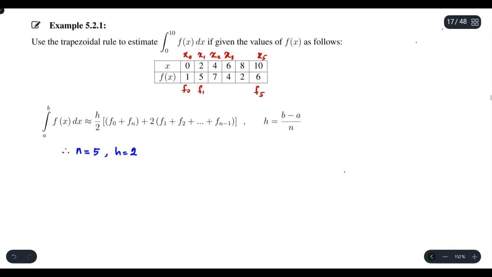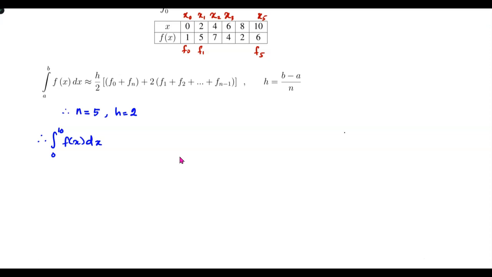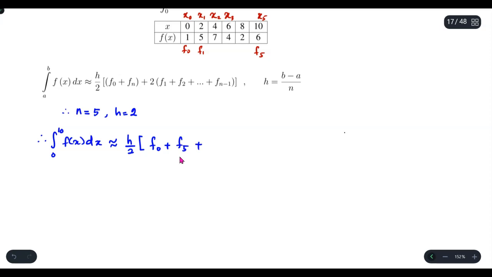If we plug into the formula, the integral of f(x) dx from 0 to 10, which is the limit that the question asks for, is approximately h over 2, and in the bracket you have f0 plus fn, which is f5, plus 2 times the remaining f between f0 and f5.